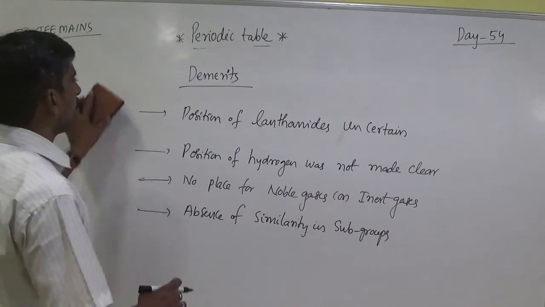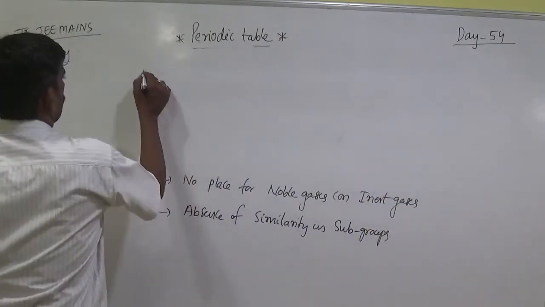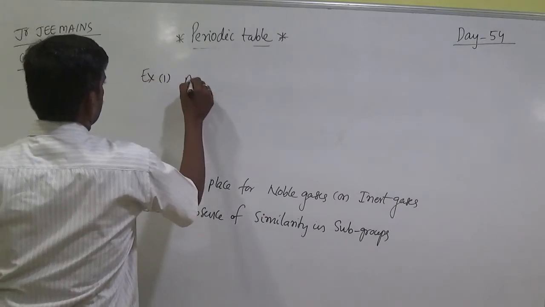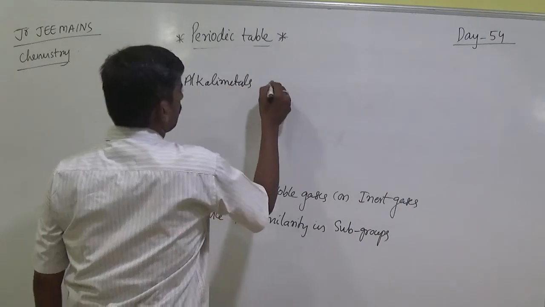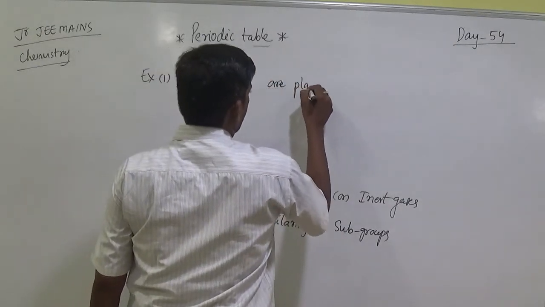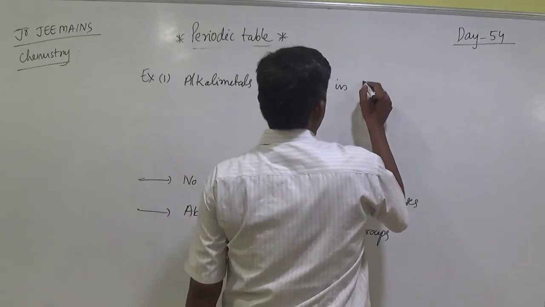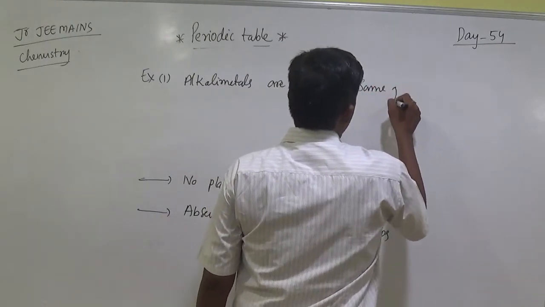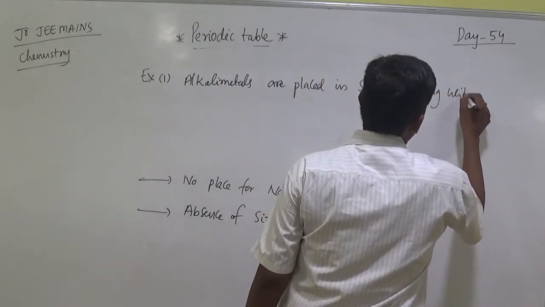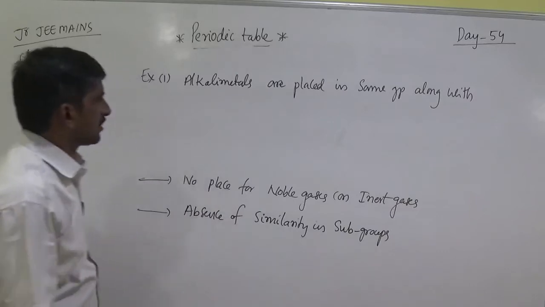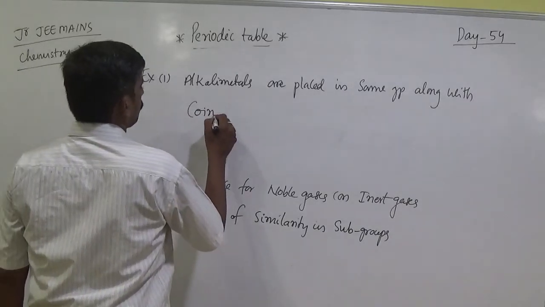For example, first, alkali metals are placed in the same group along with coinage metals.